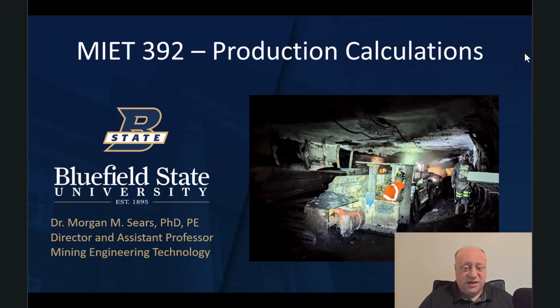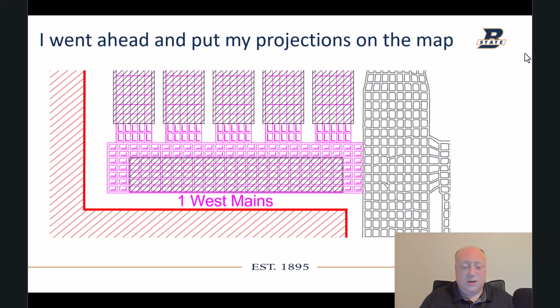We're going to take that and look at how much coal we're going to be producing from this portion of the mine, what our monthly production figures are going to look like, and that sort of thing. So let's jump right into it.